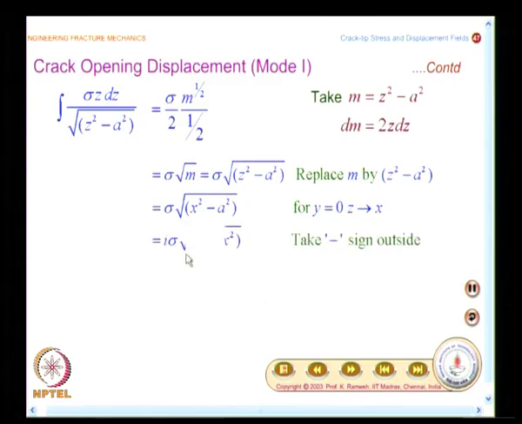If you write it in this fashion, I sigma root of a squared minus x squared, this will always remain positive in the domain when x changes from minus a to plus a. And what you find here is, the integral of this is nothing but I of sigma root of a squared minus x squared.